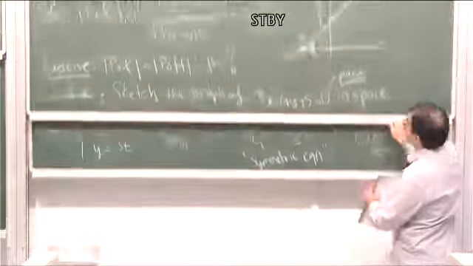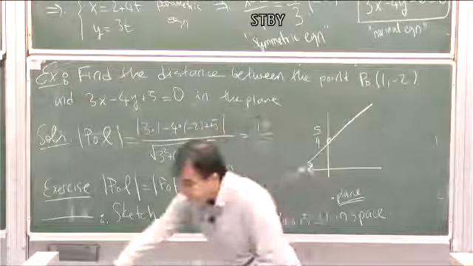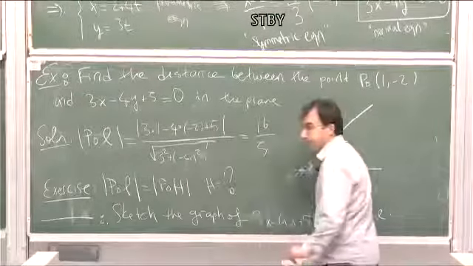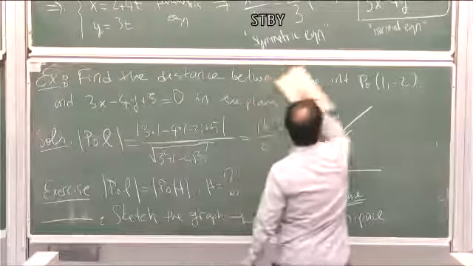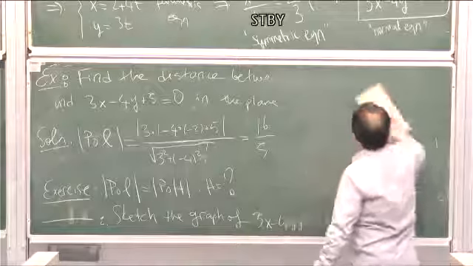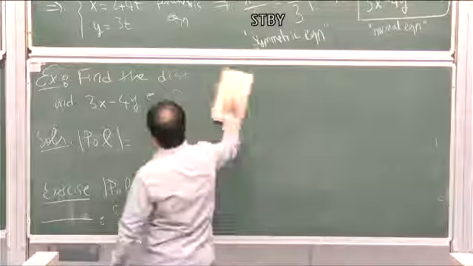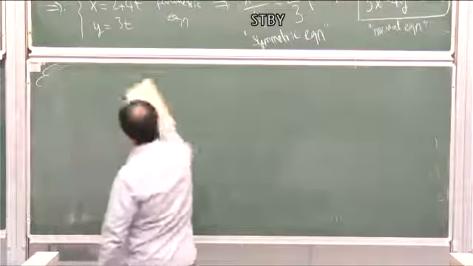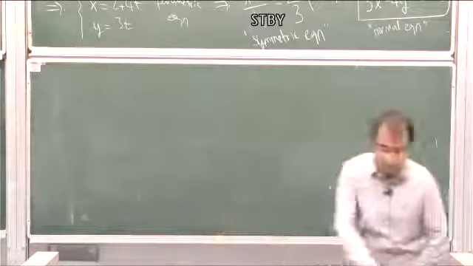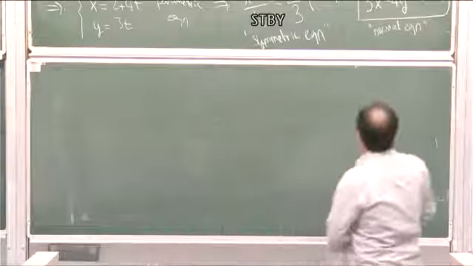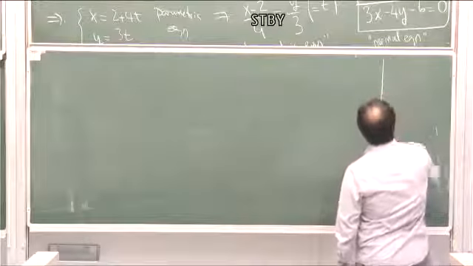So let's draw a picture and see how these things look. Okay, let me sketch this line, 3x minus 4y minus 6.